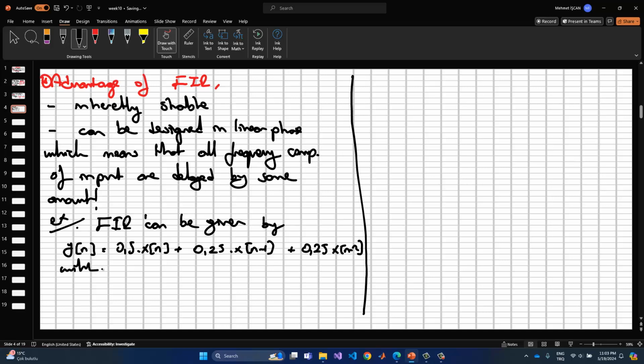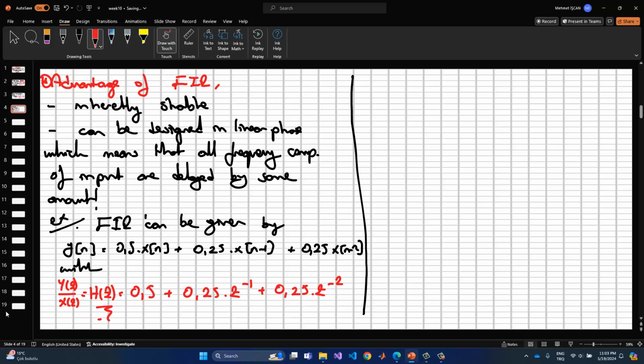We can write this filter in terms of H(z) = 0.5 + 0.25 z^-1 + 0.25 z^-2, which is also equal to Y(z) for a given X(z).